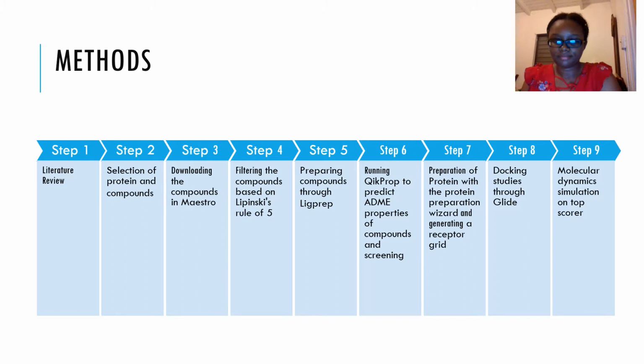Step 7 was to prepare the protein with the protein preparation wizard in the Glide software and generate a receptor grid. Step 8 was to dock the compounds through Glide.